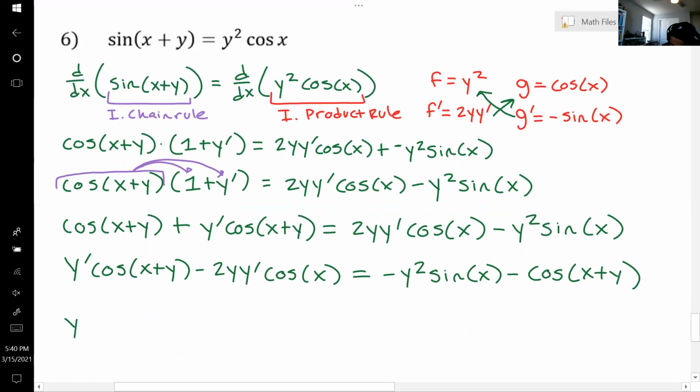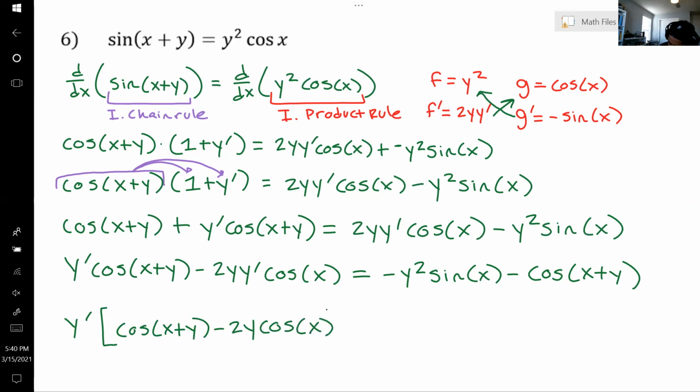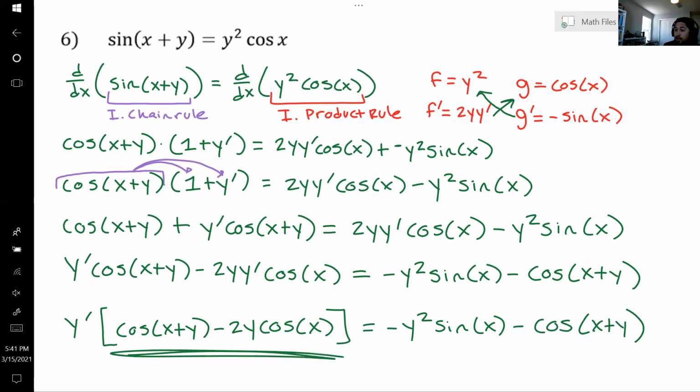Factor out the y prime, and I'll put a bracket here just for neatness, and we'll have cosine x plus y minus 2y cosine x, close the bracket, equal to negative y squared sine of x minus cosine x plus y, and then just divide by all of that.